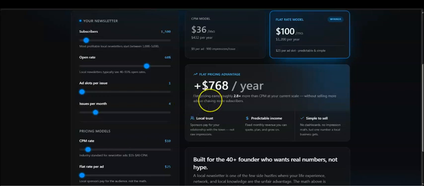And you haven't had to sell more ads, and you haven't had to promise more subscribers. All you're doing is changing the way that you are selling your ad slots. And you're doing it in a way that's easier for you, easier for them, and makes you more money.